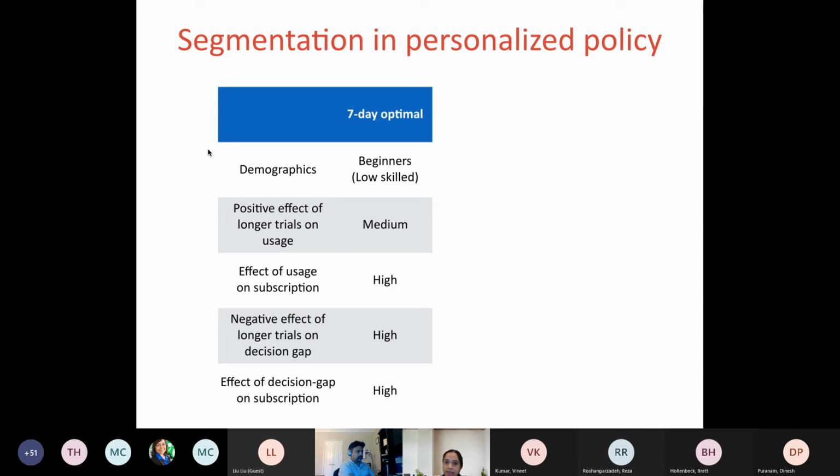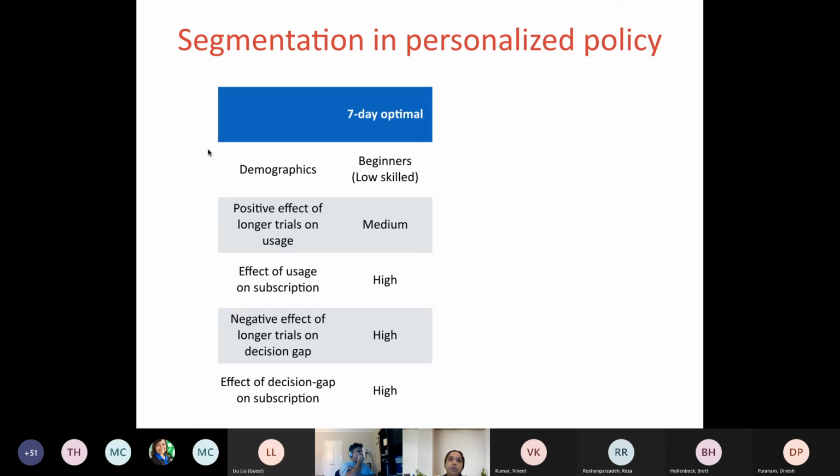And what we find is that 7-day optimal people are different on many dimensions, but one main dimension in which they're really different is that they're predominantly beginners and they are low skilled. For them, when you give them longer trials, yes, their usage scales up, and the scaled up usage has a sufficiently high effect on subscription.